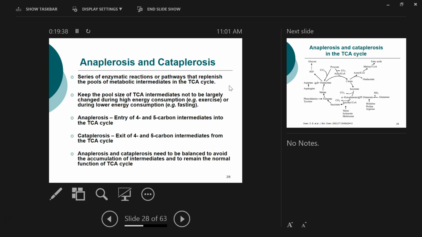And the purpose of anaplerosis and cataplerosis is to maintain the normal concentration of the TCA cycle intermediates and to maintain the normal function of the TCA cycle, right?